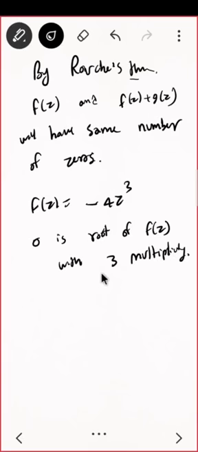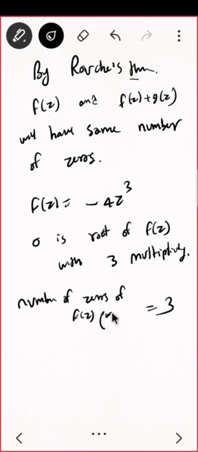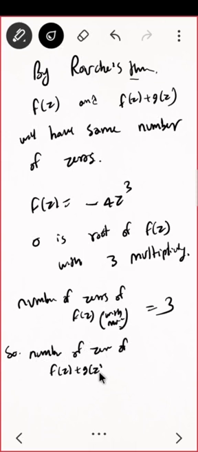That means the number of zeros of f of z is 3, of course counting multiplicities. So the number of zeros of your function f of z plus g of z is again 3. What is f of z plus g of z?